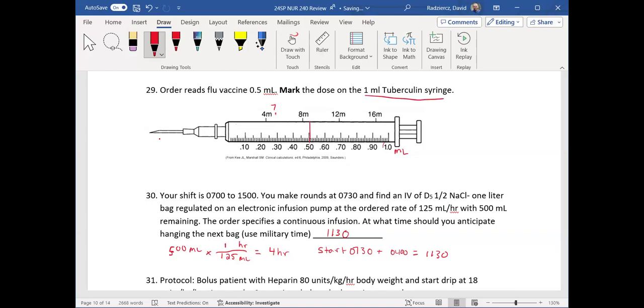So here's the 1, which must be what is referencing the mL syringe. So it would just be marking 0.5 on the syringe. And I did a bad job of marking it. So you would want to make sure you're right on that line when you're marking the syringe.